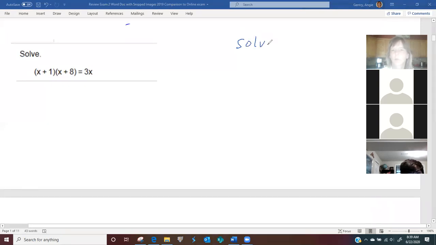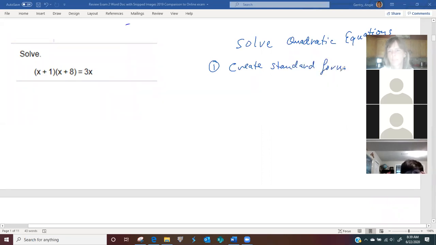If you're supposed to solve a quadratic, why is this quadratic? Because if you FOIL this, it's going to turn into an x squared, okay? So step one is going to be create standard form.